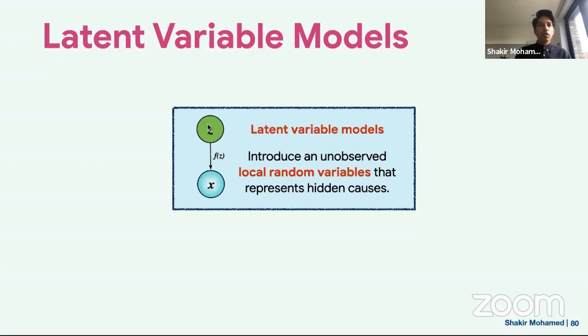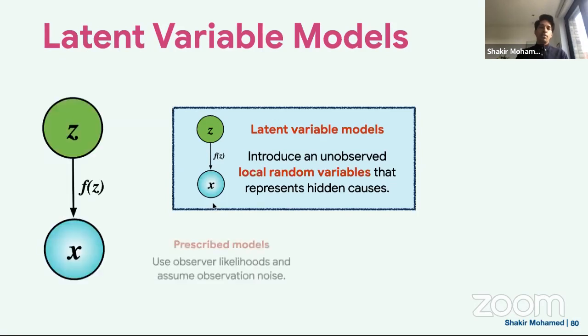A local random variable, as I tried to explain yesterday, means that if I have a data point xn, I have a corresponding latent variable zn. So the number of latent variables grows with the data set size, whereas global variables, which are parameters of a model, for example, are typically fixed with respect to the size of a data set. And so that's the difference.